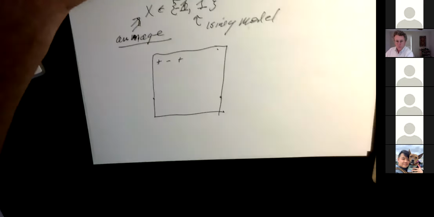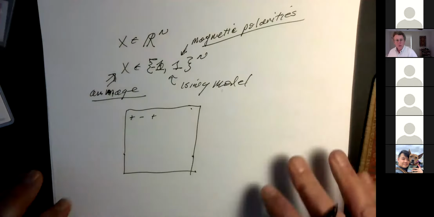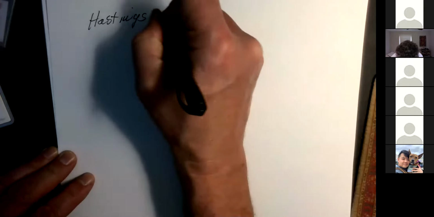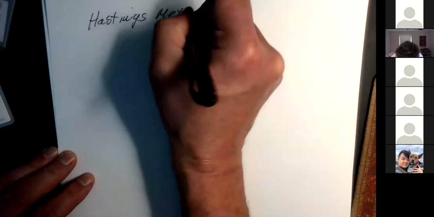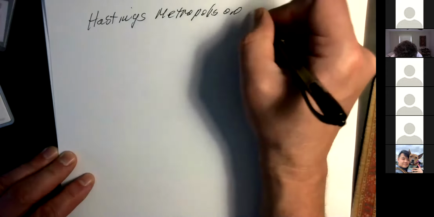Okay, so now to do the Hastings Metropolis algorithm, it's a different strategy a little bit. So you have an image. So how does Hastings Metropolis work on an image?